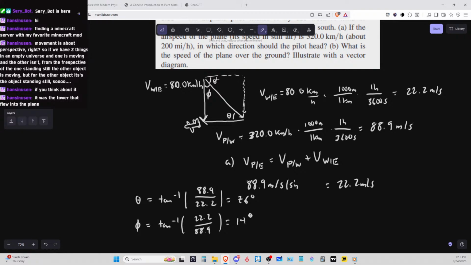You would need the plane to maneuver a little bit like this, going in this type of direction. And the wind is going in this direction. So we have to find a way to actually counter it. So I think it should be theta, 76 degrees.